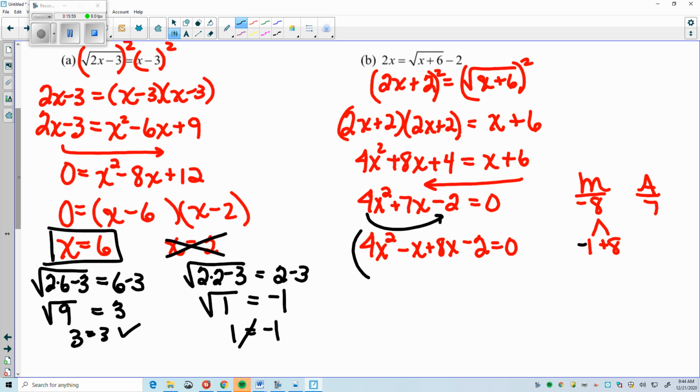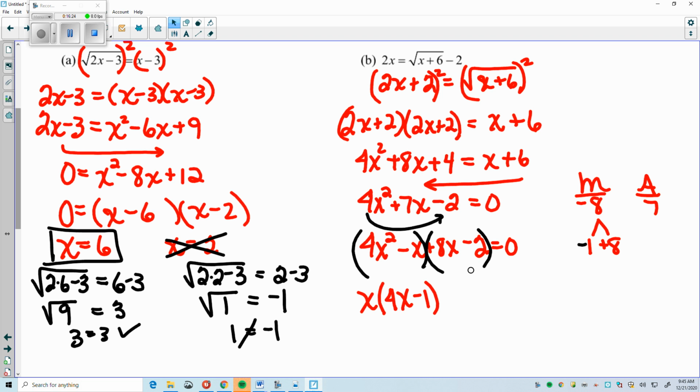So if we factor by grouping here, I pull out my common factors. I could pull out an x, that would leave me here with 4x minus 1.